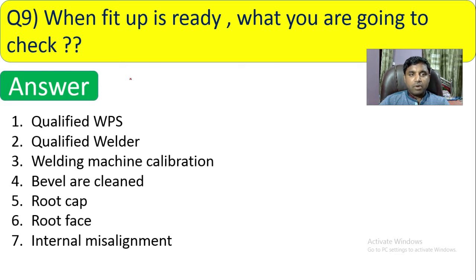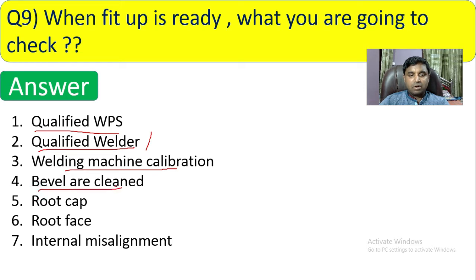Question number 9. When fit up is ready, what are you going to check? This question is very important. You see, fit up is ready and you want to start the welding. So before welding, what do you need to check? Is a qualified WPS there or not? Is a qualified welder there, means is the WQT report there or not? Is the welding machine calibrated or not?